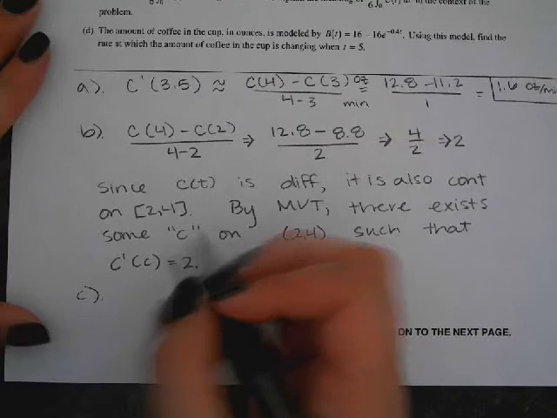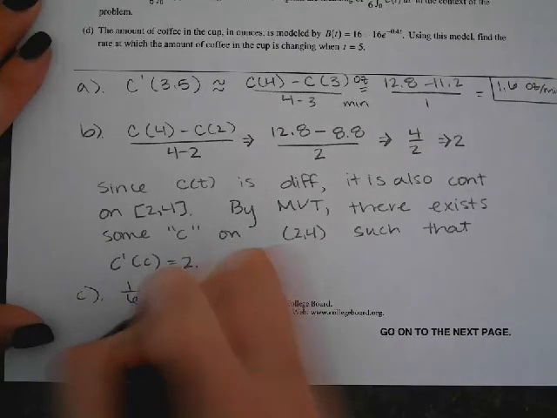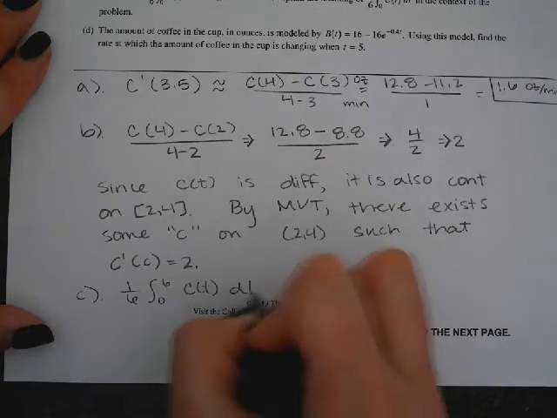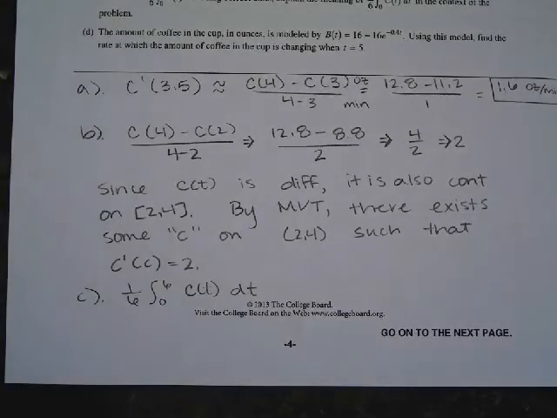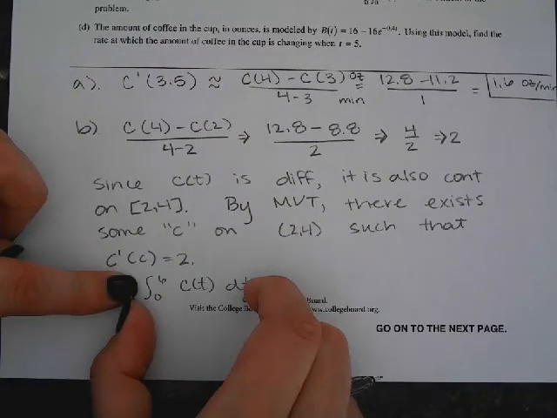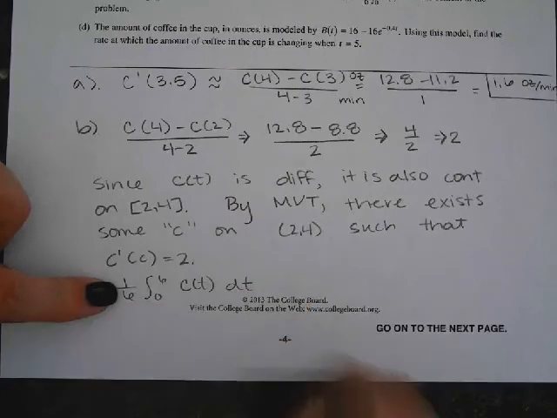So 1/6, 0 to 6 c of t dt, that's the average value of the ounces that are being poured into the cup. So that means that's the average value of the amount of coffee in the cup from t equals 0 to t equals 6 minutes. So what we're doing here is we're just finding all of the coffee, adding it all up, and then dividing it by 6 to find the average.